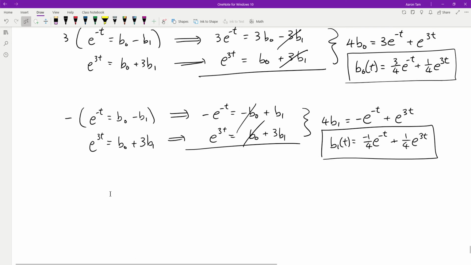So now we can go back to 13.2.3 and use the formula.